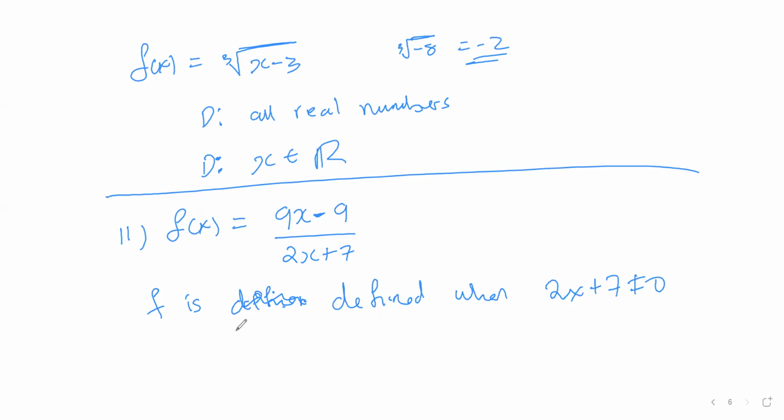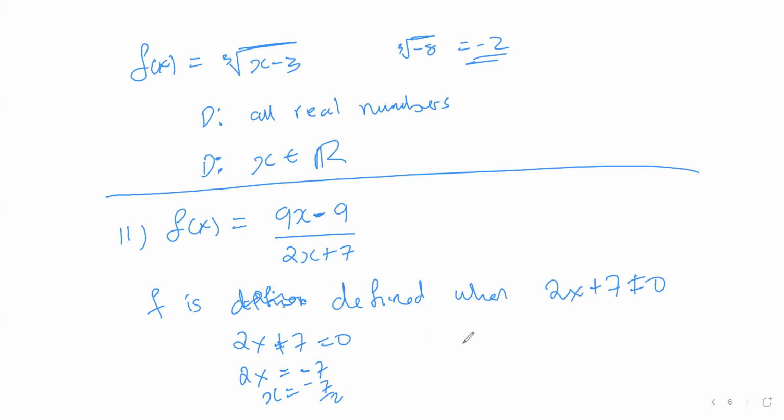Okay, so when is it equal to 0? We solve for x in this linear equation. 2x is equal to -7 and x is -7 over 2. So this is when 2x plus 7 equals 0. That happens when x is -7 over 2.